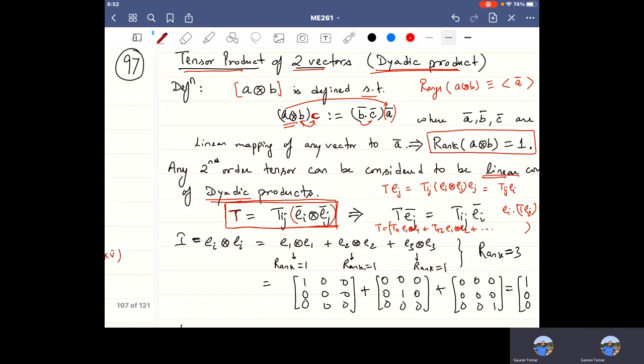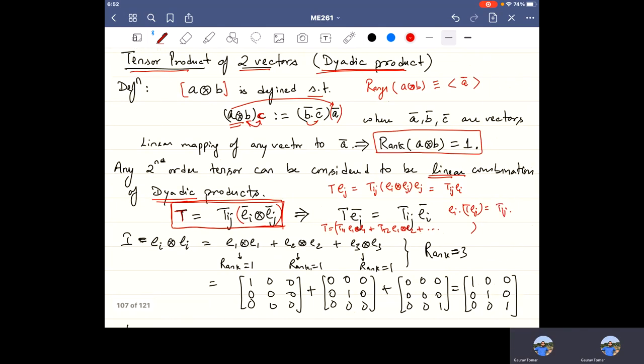Now, if you take the identity matrix, all the off-diagonal terms, which means T12, are 0. So if you put T12 as 0, T11 as 1, and so on, you'll reduce those 9 terms to only 3 terms: E1 tensor E1, E2 tensor E2, and E3 tensor E3. All 3 of them are rank 1, and together they give you a rank 3 identity tensor, correct?